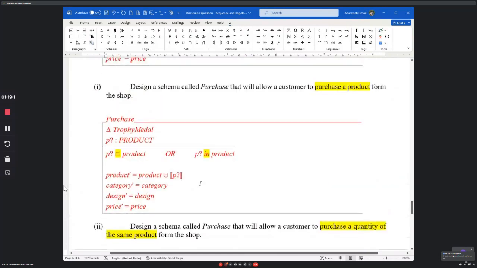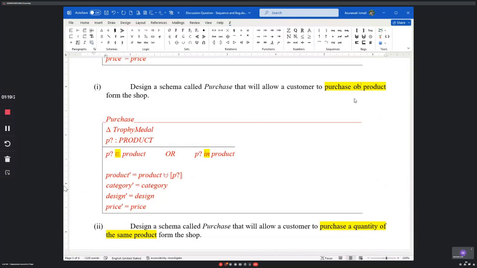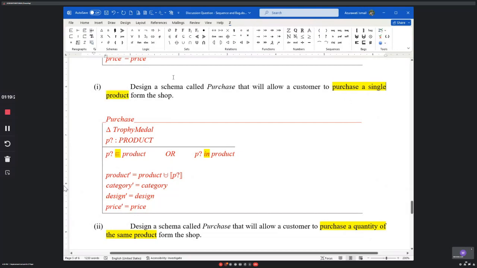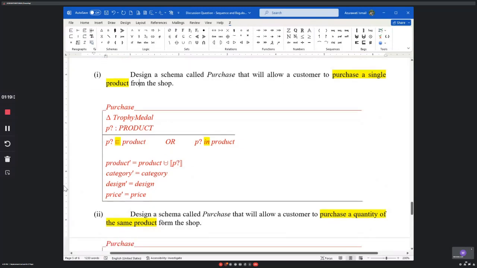So for this question, purchase a product, one single product from the shop. When you have that one single product, your declaration is a single product.